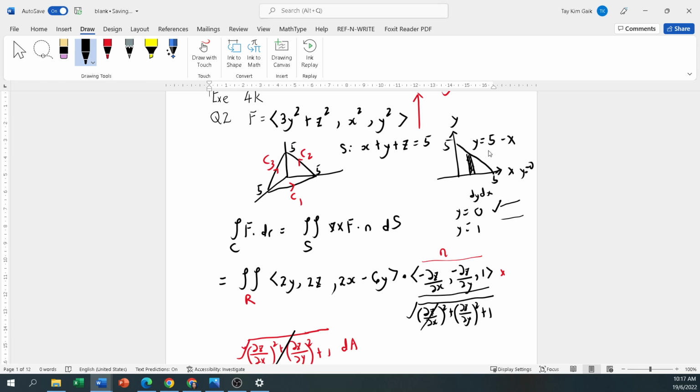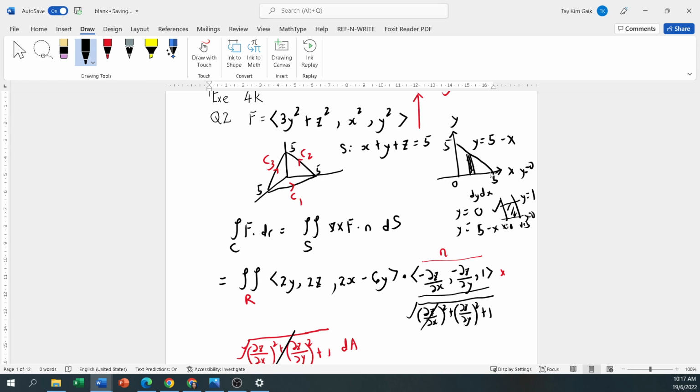y equals 5 minus x. Because if you say y equal to 1, then you draw y0, y1 like this. And then if you say x0 up to x5, let's say x0 here, x equal to 5, then you get a rectangular region.